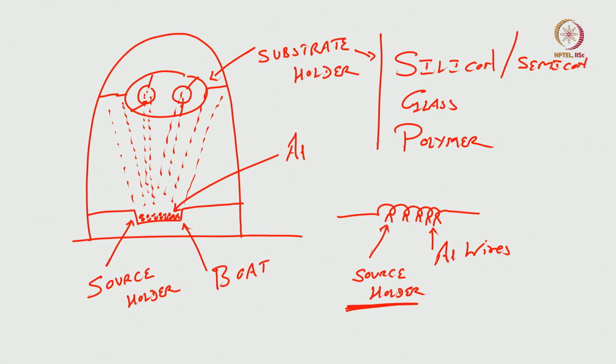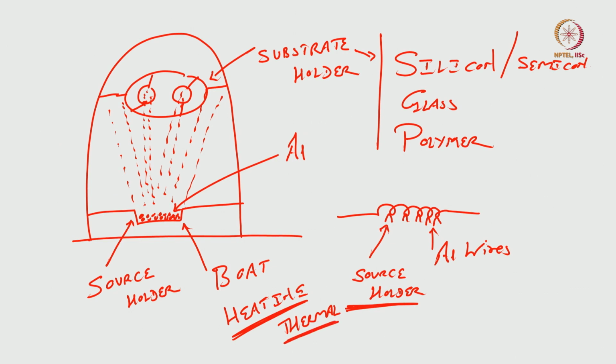How can you melt aluminum or any other material? By heating. Since you are melting by heating, you are applying thermal energy, and that is why it is called thermal evaporation.